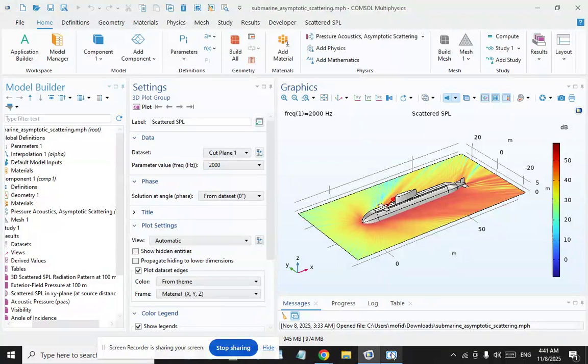You can see here the simulation illustrates the predicted acoustic target strength as determined by COMSOL simulation, using the Helmholtz-Kirchhoff integral and the finite element method, or FEM. For the acoustic-solid coupled model, the strength of the target was calculated.